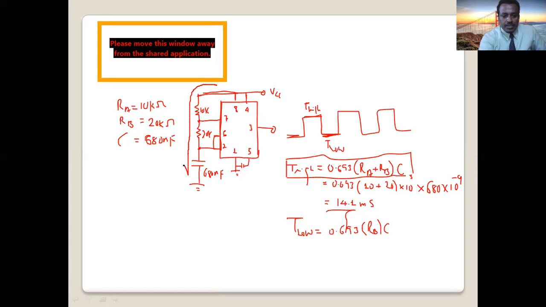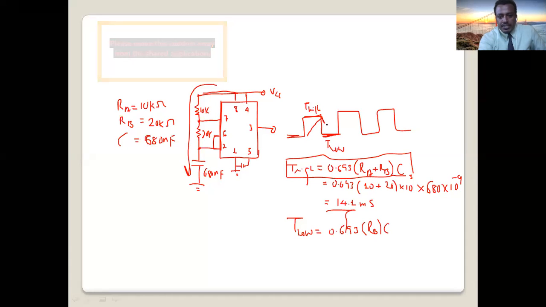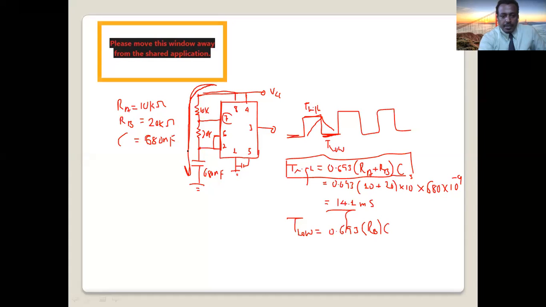But when the capacitor discharges, look here, in the on period the capacitor charges. When output is off, the capacitor is discharged. Which pin discharges the capacitor? Pin number 7. So when this capacitor charges, it charges through RA and RB and charge is stored.